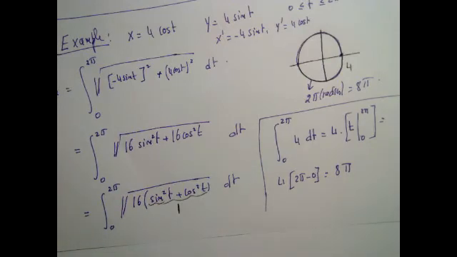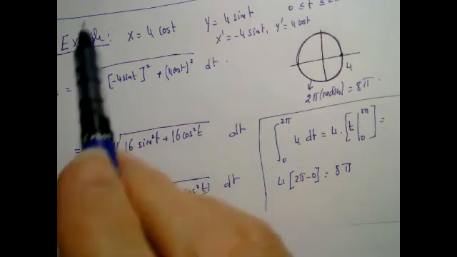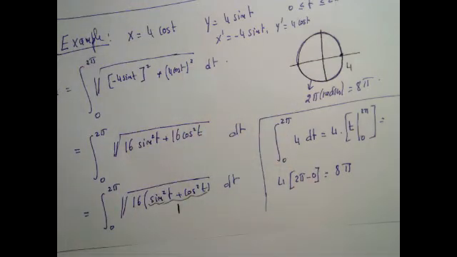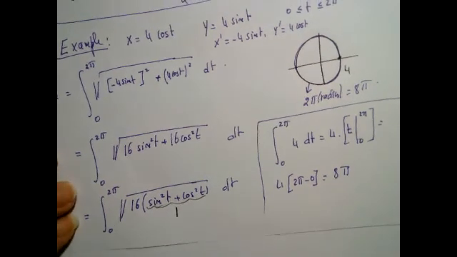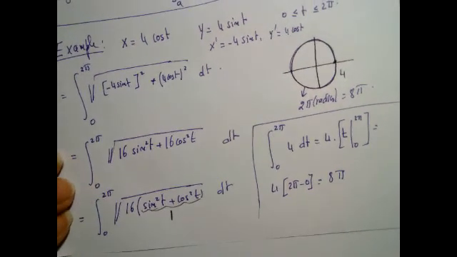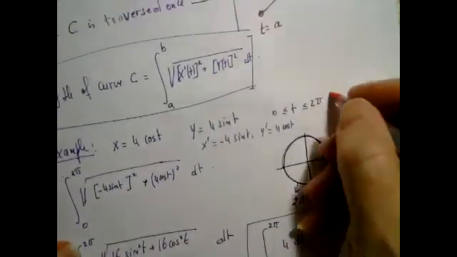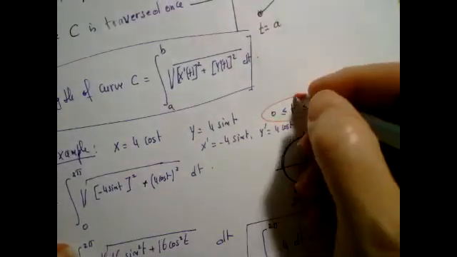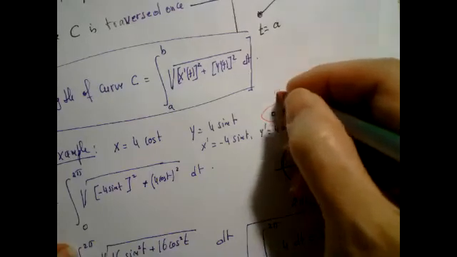Now let me make a small note here about this idea of traversed once. What's the idea here? Let us say I take the same curve. You don't have to write, but let me tell you the importance of traversed once. Let us say I take the same thing, but I tell you t is between 0 and 4 pi.